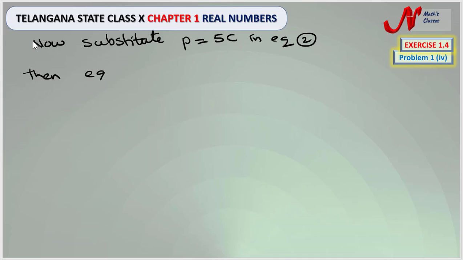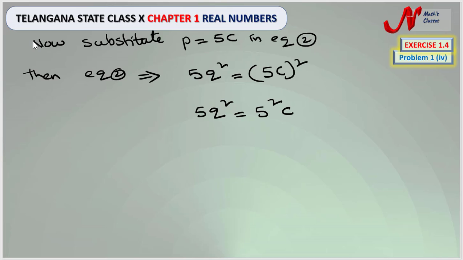Then equation 2 implies 5Q square is equal to, in place of P we can write 5C, this whole square. So this can be written as 5Q square is equal to 5 square C square. So we can cancel one 5 here and one 5 there. So we can write it as Q square is equal to 5C square.